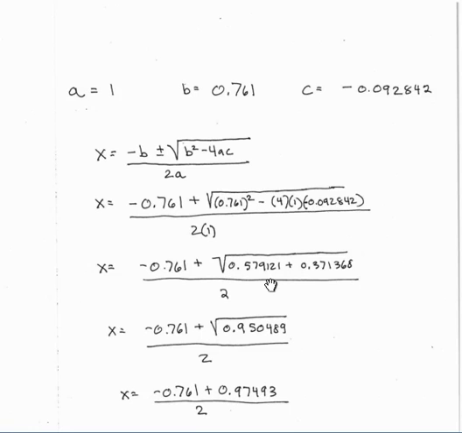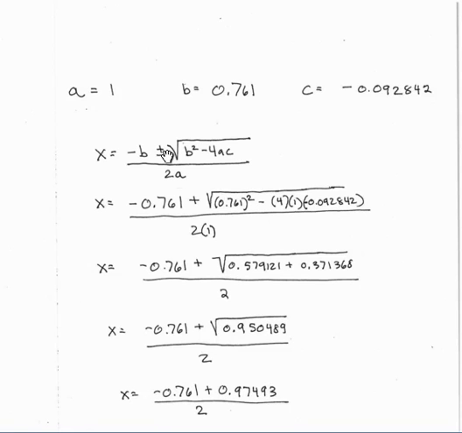So in the square root symbol, when I square 0.761, that's what I get. And when I multiply 4 times negative 0.092842, I get a negative number, and subtracting a negative number becomes addition. So this is the final value that I get in my square root sign. When I take the square root of it, I get 0.97493, and I add that to my negative b, which was negative 0.761.